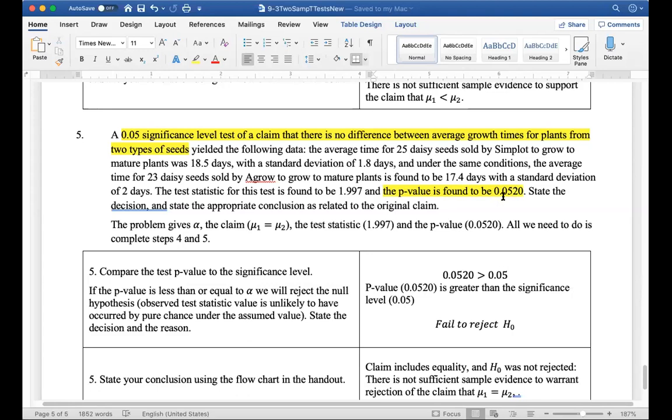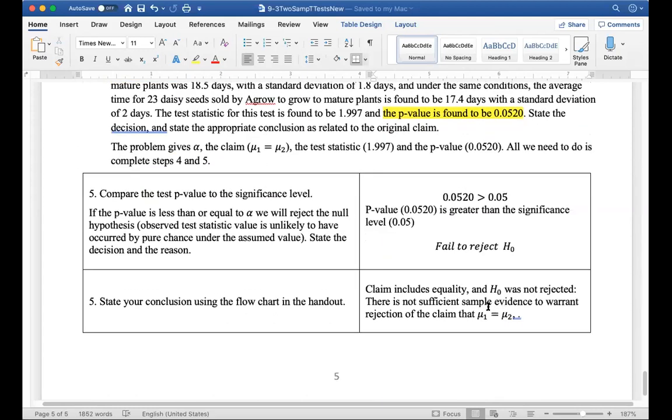And our decision is based on the p-value, so we just compare the p-value to alpha. 0.0520 is bigger than 0.05. So since it's greater, we're going to fail to reject H0. And the claim includes equality this time. So in the flow chart, we're going straight across and we fail to reject.